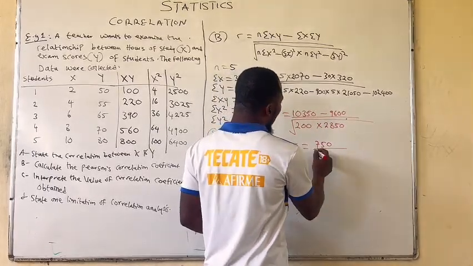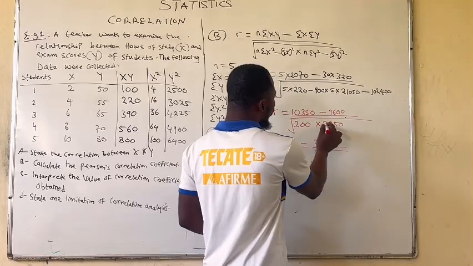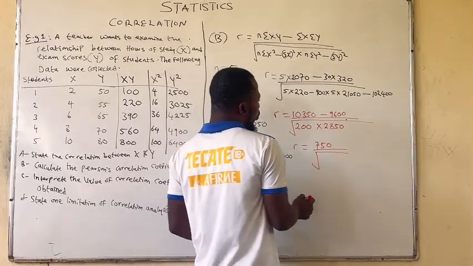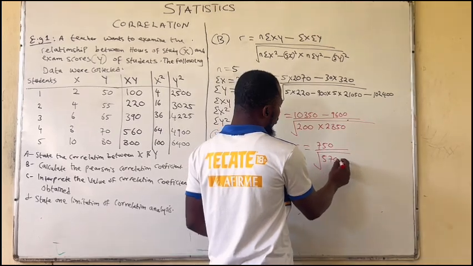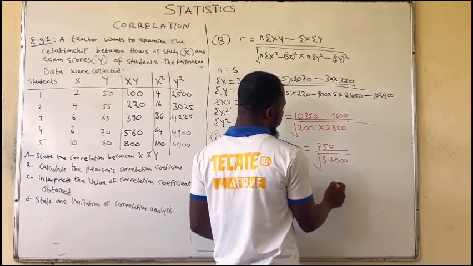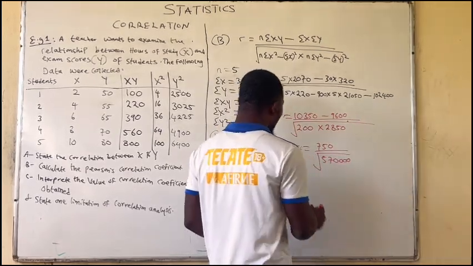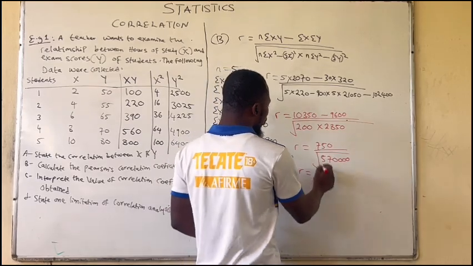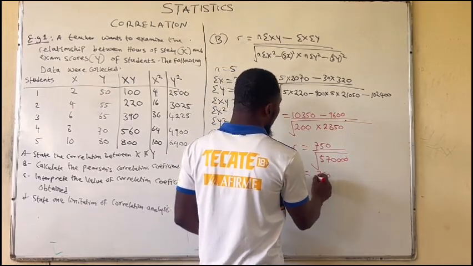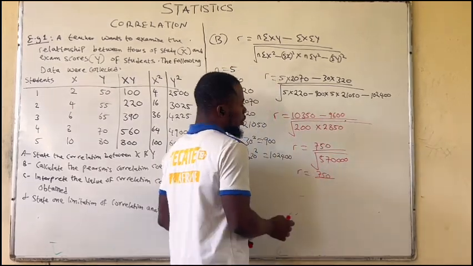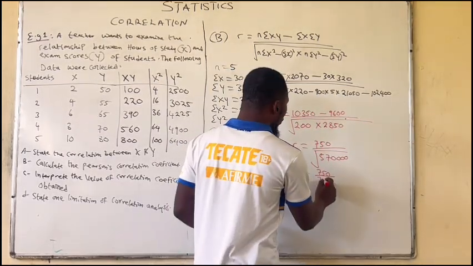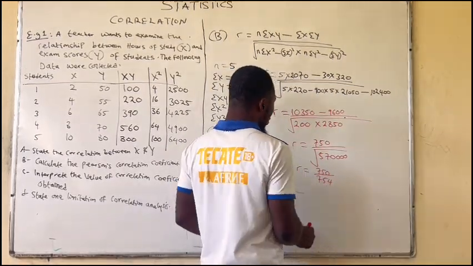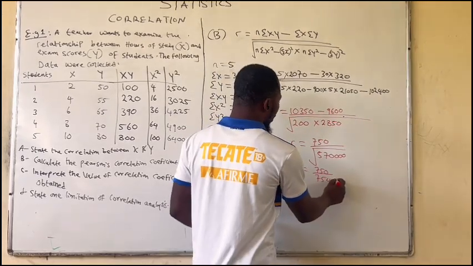750 divided by the root of 200 times 2,850, which is 570,000. Okay. So our R will now be equal to 750 divided by the root of 570,000, which is 754.98.